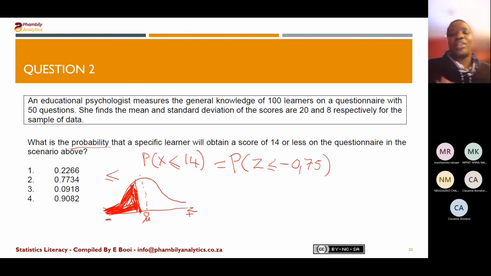Tell me, is it on the smaller portion or is it in the larger portion that we are looking for? Is the area shaded smaller or the area not shaded bigger? I think it would be the smaller portion. It is the smaller portion. So it means we're going to go to the table and look for 0.75 on the smaller portion.